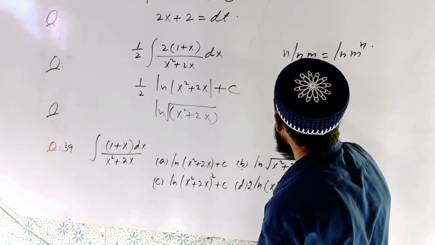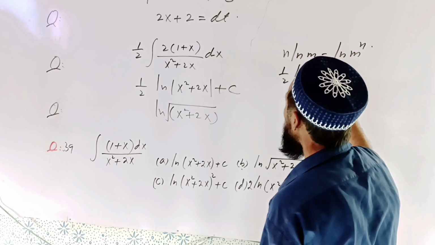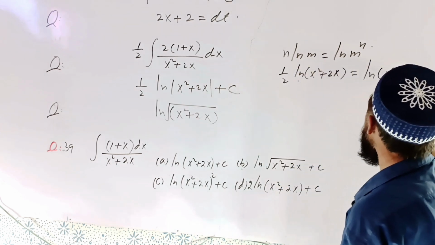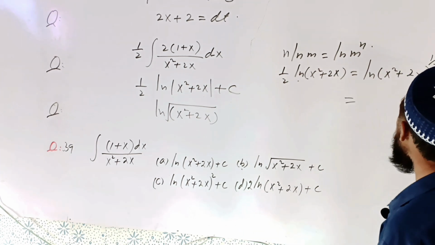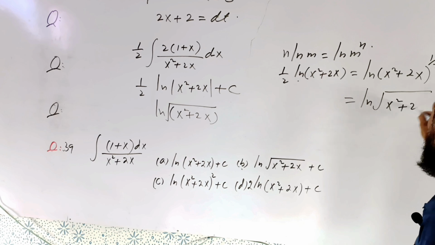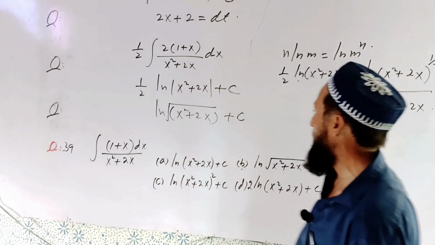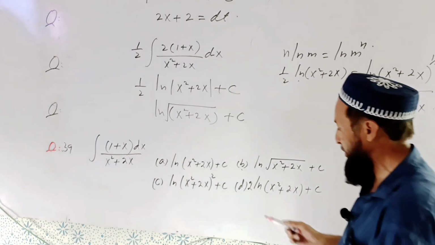So we change 1 by 2 log of x square plus 2x to log of x square plus 2x whole power 1 by 2. So power 1 by 2 is the square root of x square plus 2x, and we change the result to this form. Now option B is the correct option.